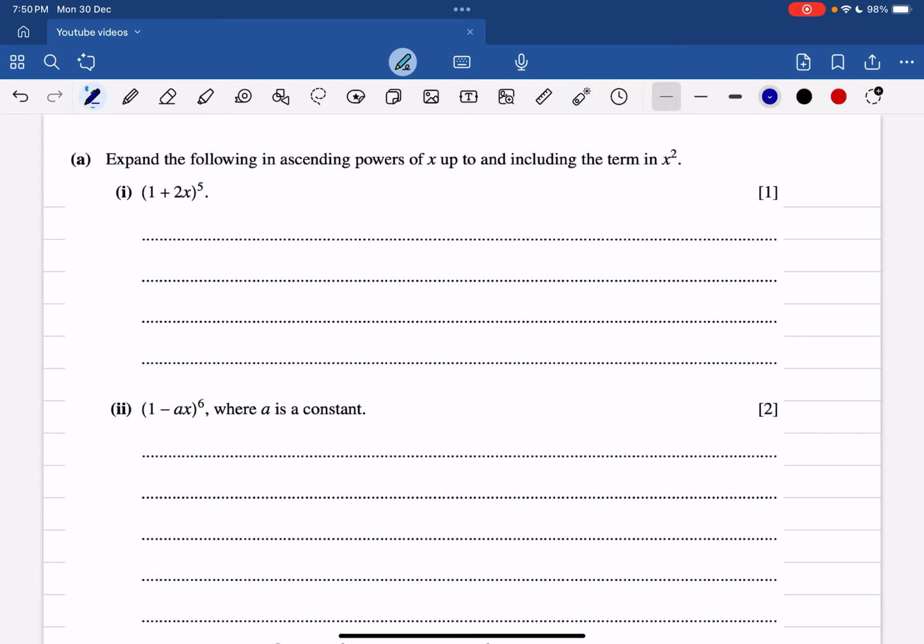What does the next one say? Now this question is from the year 2019, and I'm just going to go back and check which variant this is. Okay, this is not 1 1. Seems to be the October November paper.